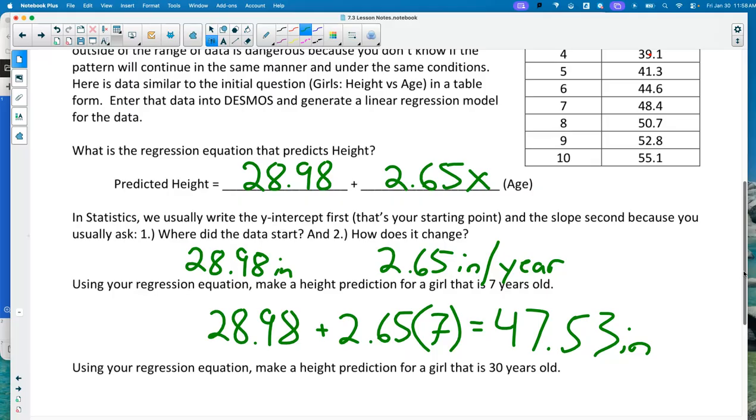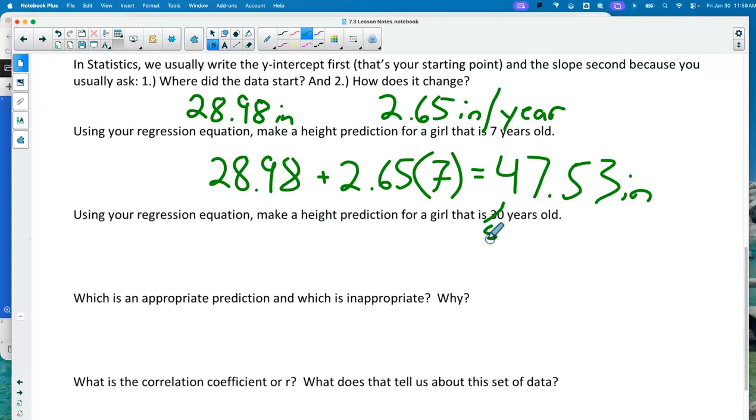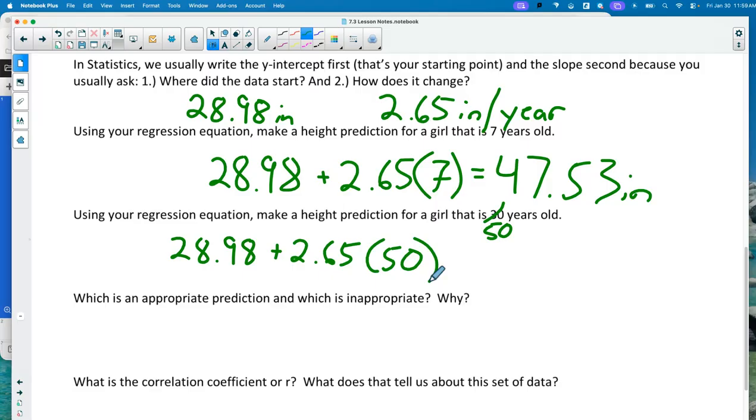Now, we're going to do the next one, but I'm going to change this from 30 to 50. Let's calculate that. So I'm going to have 28.98 again, plus 2.65 times 50. $161.48.